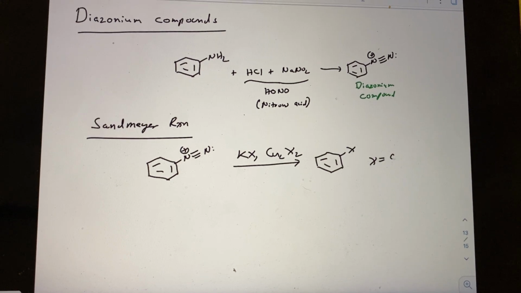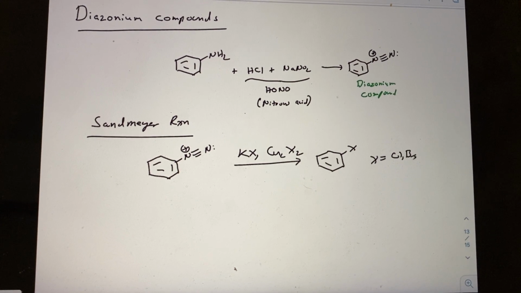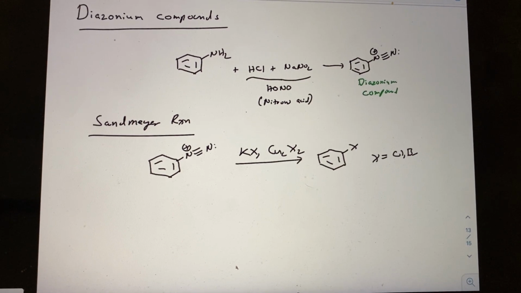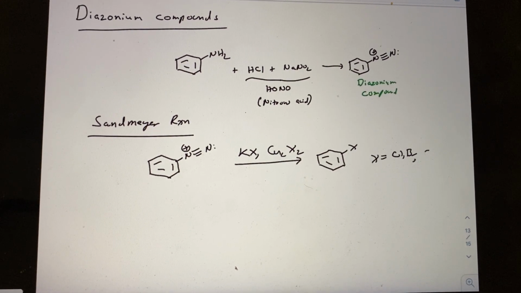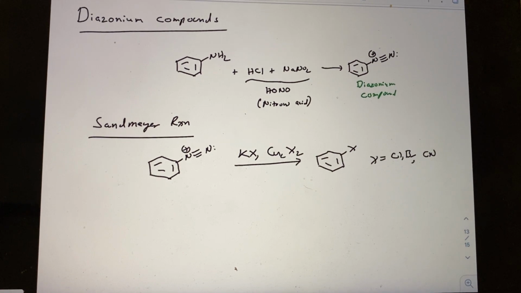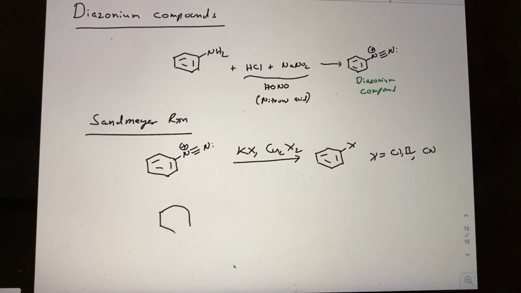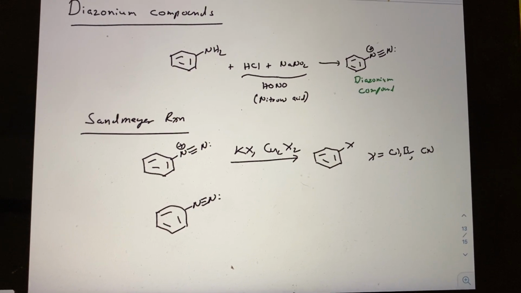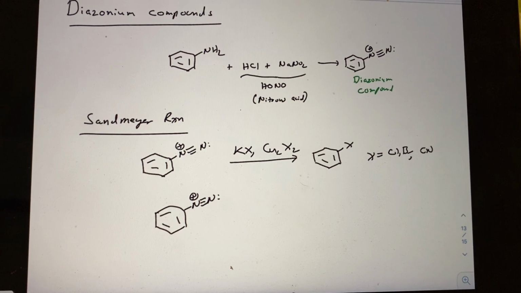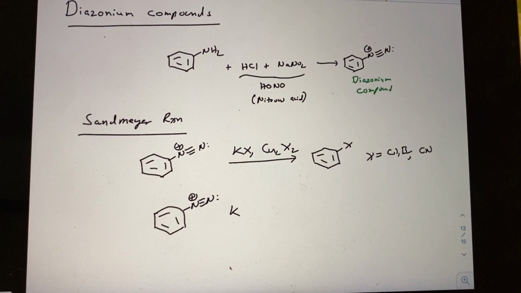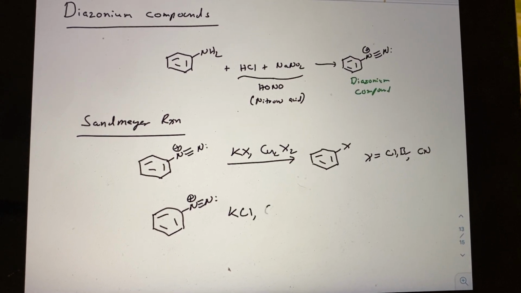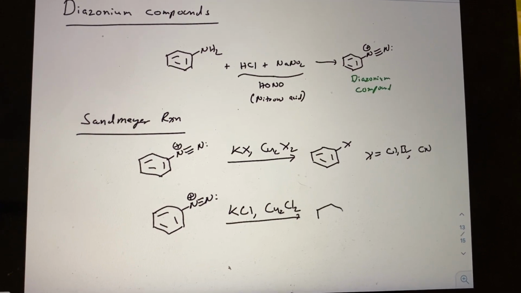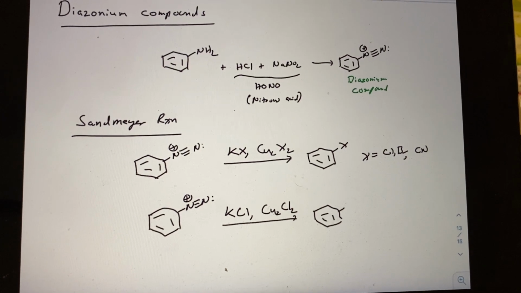And X equals, oftentimes, there's lots of different groups, such as chloro, bromo, or things like cyano, like CN. So for example, if you have a benzene ring, and you turn the amine to a diazonium compound, and then you take potassium chloride, copper chloride, you can introduce a chloro substituent.